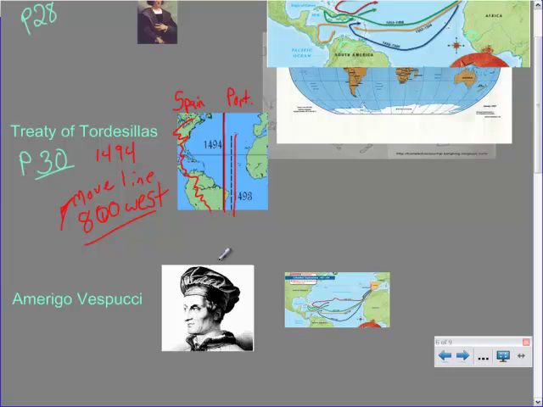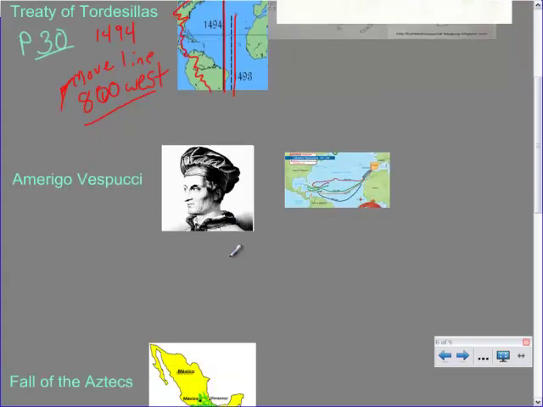All right. Moving on to another explorer, Amerigo Vespucci. He is on page 31. This is Amerigo with his awesome hat.